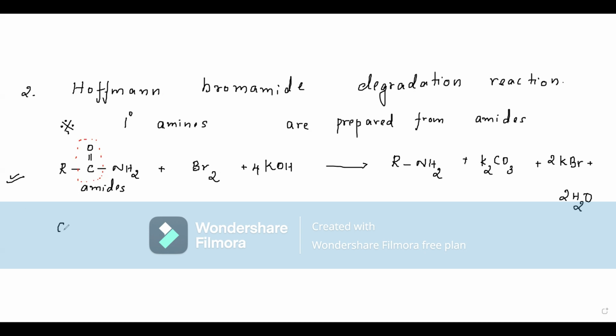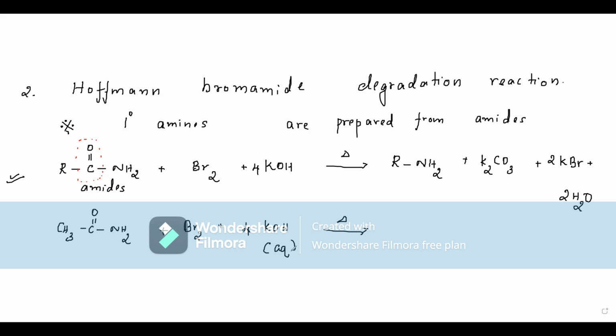Say, for example, it is CH3C double bond O NH2 that you are treating with Br2 and with potassium hydroxide on heating. Okay, this KOH can be aqueous solution.